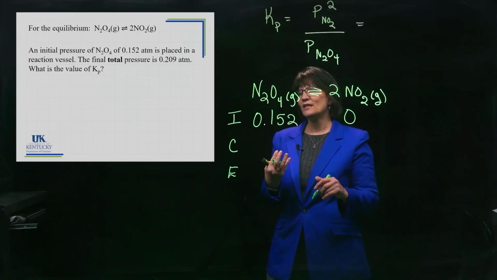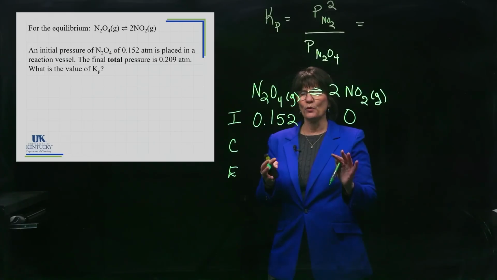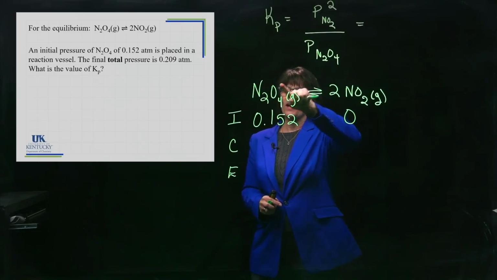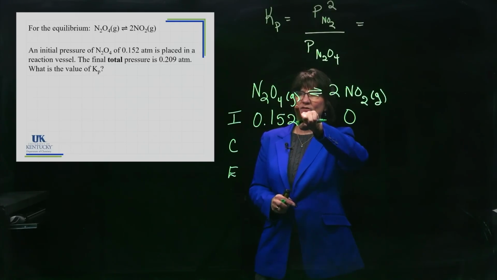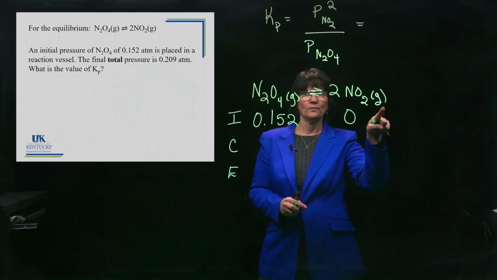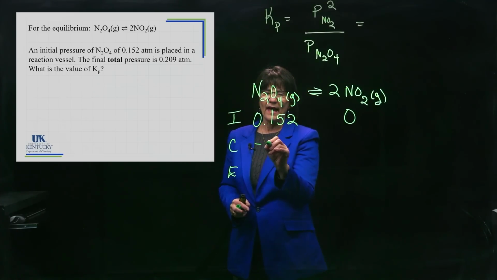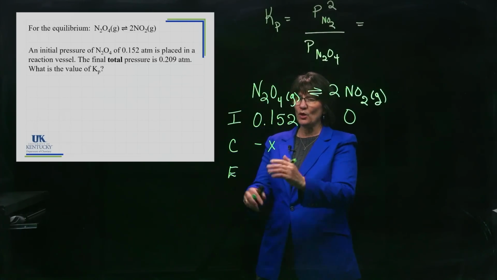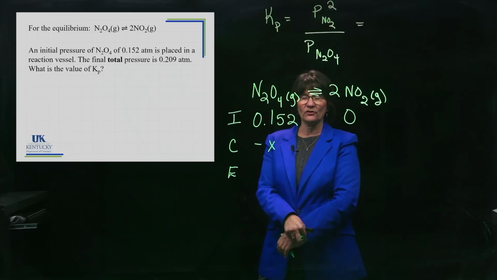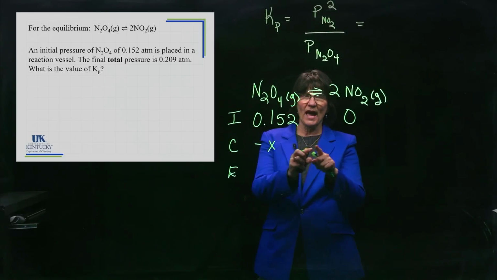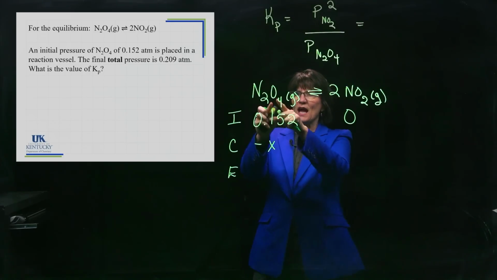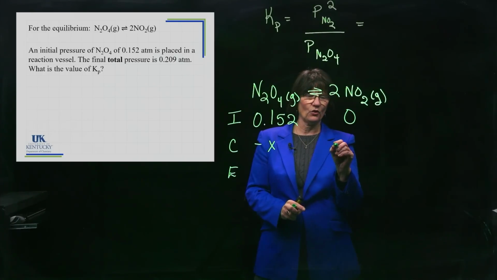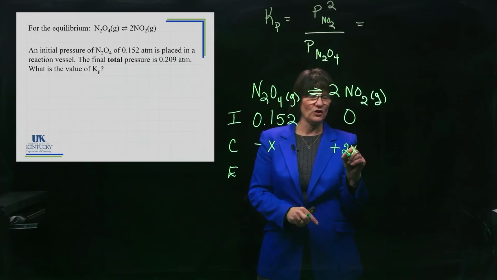So what I want to do at this point is use a variable to represent this change taking place. I know from the balanced equation that every time one of these reacts, I'm going to make two of those. So let's let X represent how much of this reacts. We don't know how much will react, but we know some of it will, and I just call it X. The change line is the reaction taking place. So every time X of these reacts, 2X of this is going to be produced. So I represent that with a 2X.